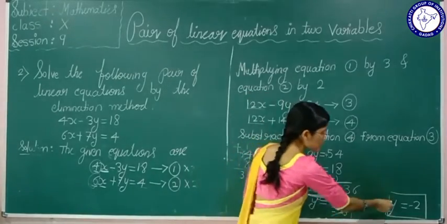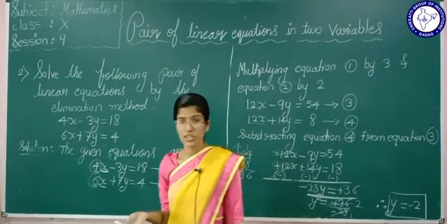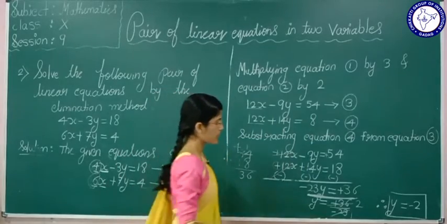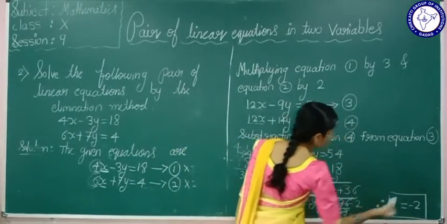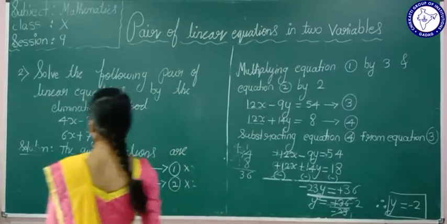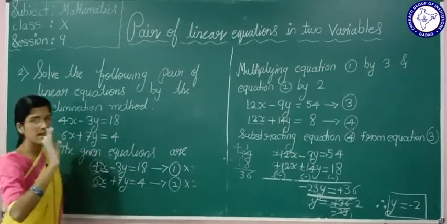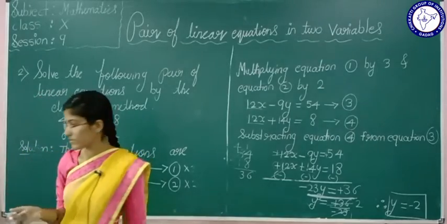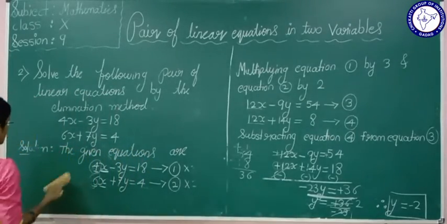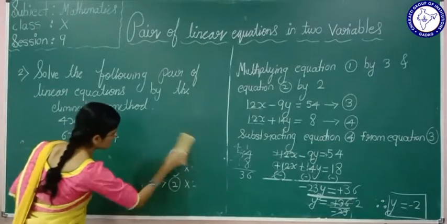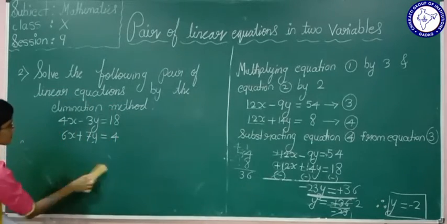You used to substitute in any one of the equations. Substituting y is equal to minus 2 in any one of the equations, you put the value and find out the value of x. Okay? Now see here. I will continue here.